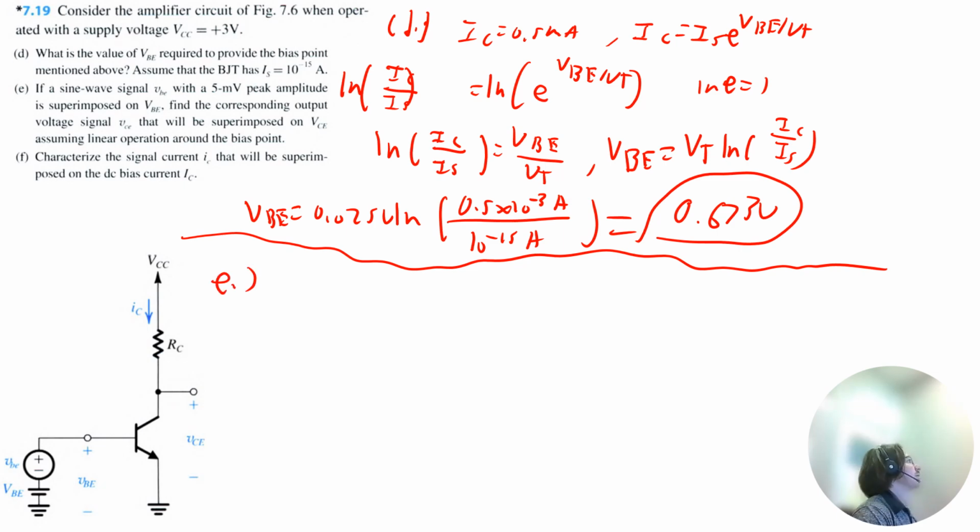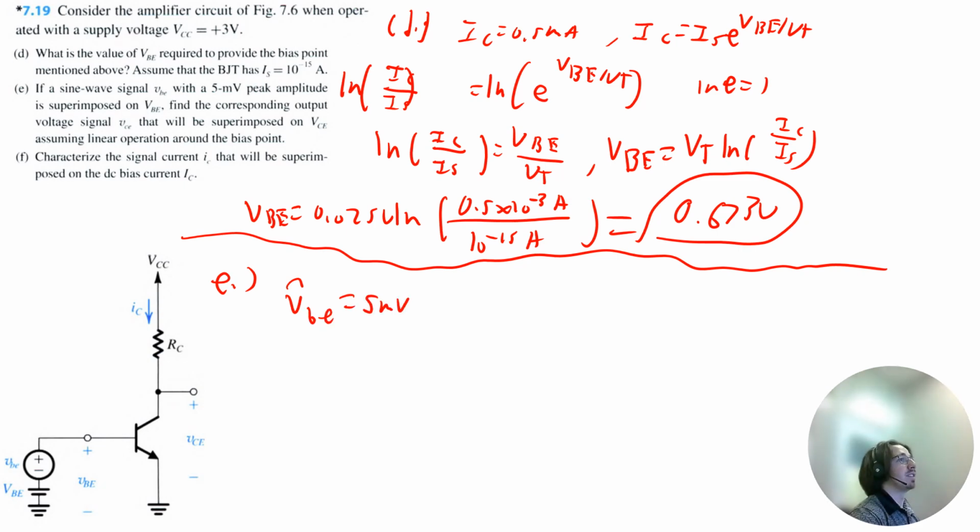If a sine wave signal vbe with a 5 millivolt peak amplitude is superimposed on VBE, find the corresponding output voltage signal vce that will be superimposed on VCE, assuming linear operation around the bias point. So basically we have a sine wave signal with a peak swing of 5 millivolts.